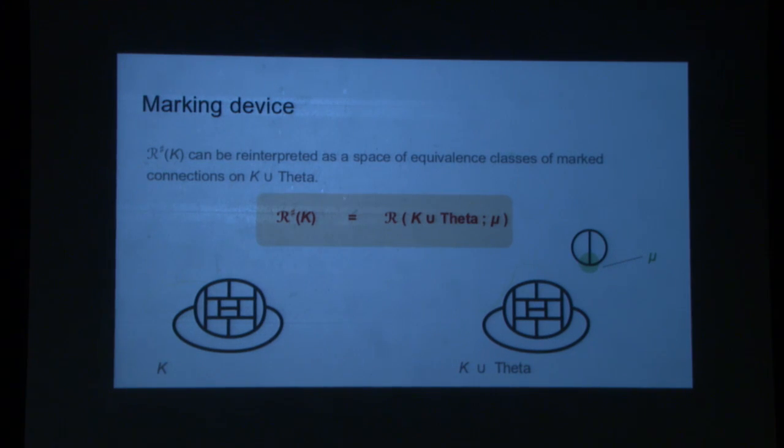So that extra theta and that little open set mu, I want to think of as sitting far away, and it's effectively giving us a base point where the connections are, as it were, trivialized.